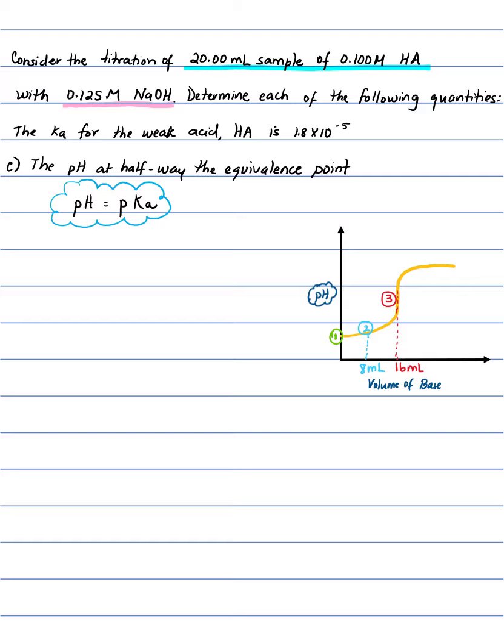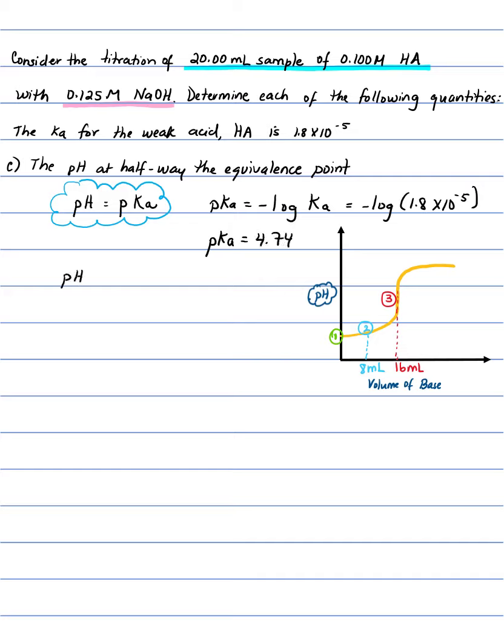pH equals pKa, and you can calculate the pH because you have your Ka value, which is 1.8 times 10 to the minus 5. And pKa is equal to minus log of Ka. So pKa here, let me do minus log of 1.8 times 10 to the minus 5, gives 4.74.